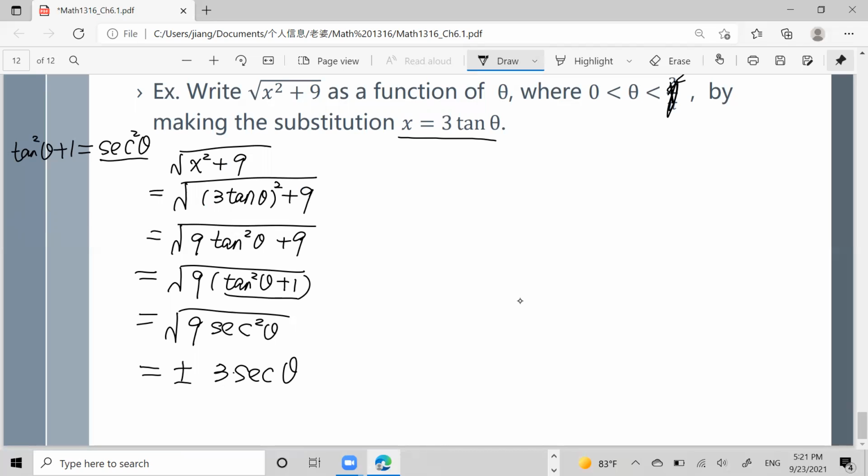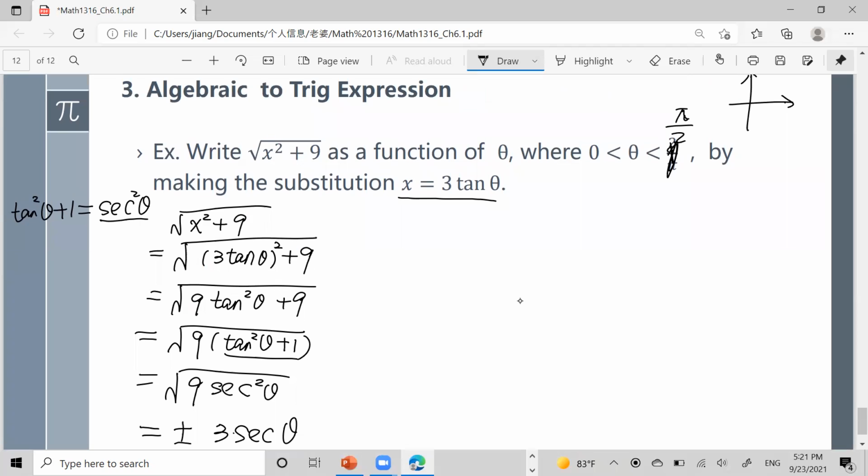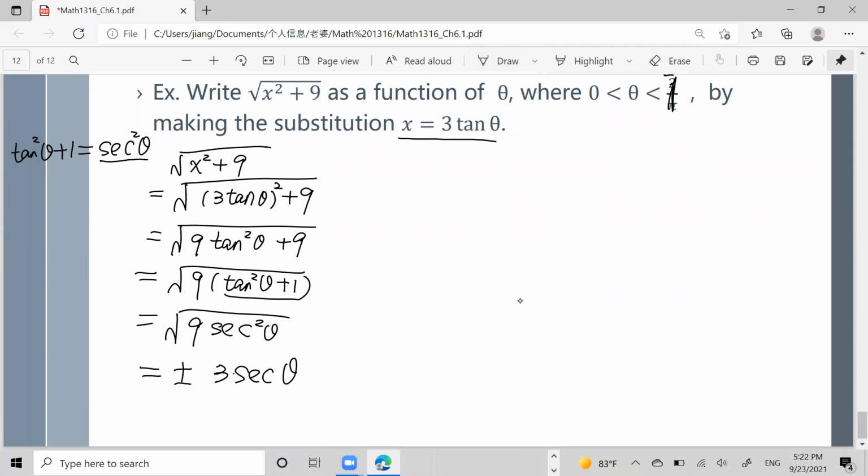Whether it's positive or negative, since they provide us the information that theta is between 0 and pi over 2, in the first quadrant, that means all trig functions are positive. That means secant theta is positive. So this one only equals positive 3 secant theta.